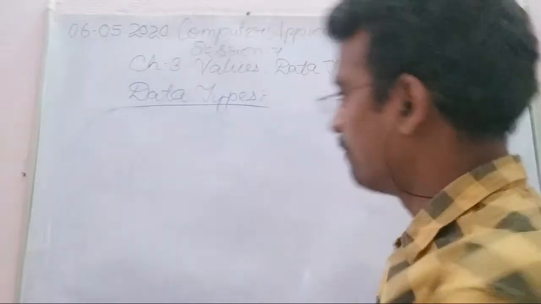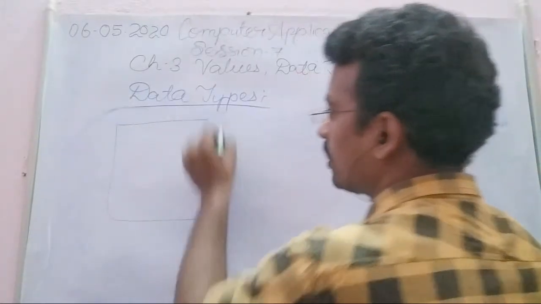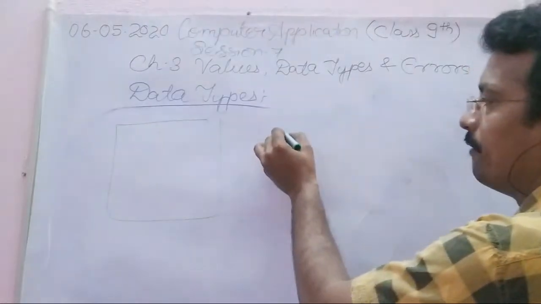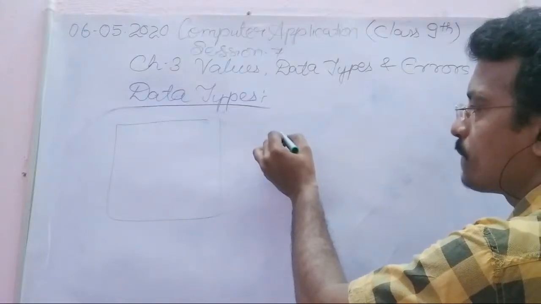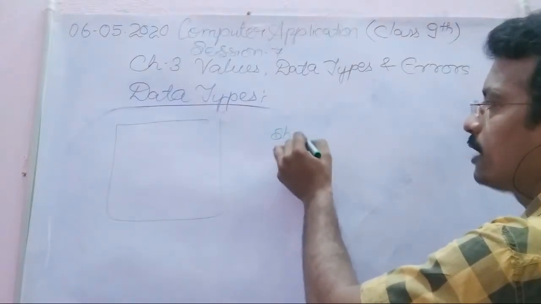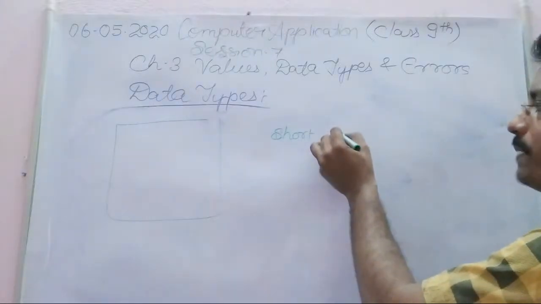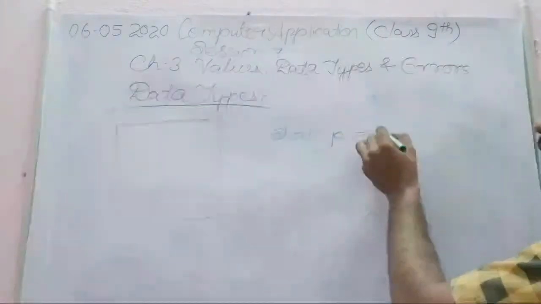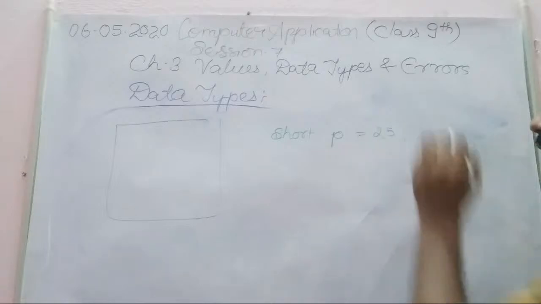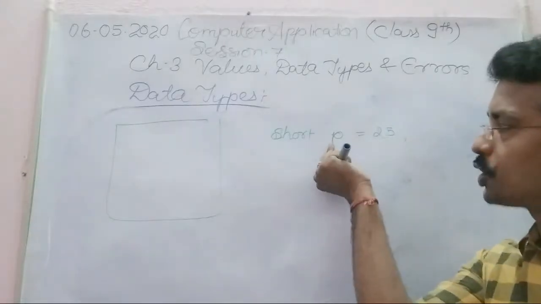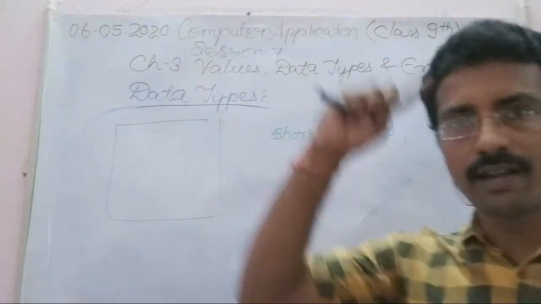Okay, one more example. Suppose memory is there. In the memory, we have written short P equal to 25. This is a short type variable. And what is the definition of short?